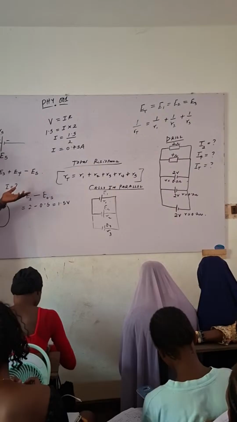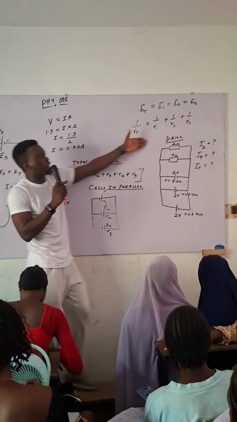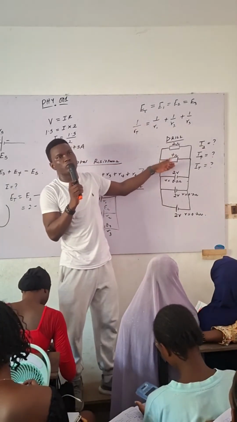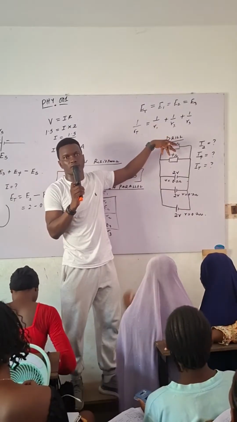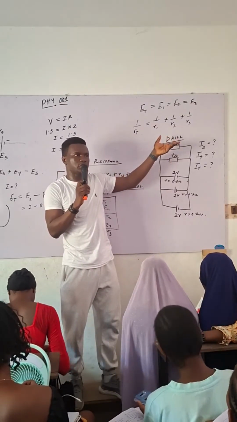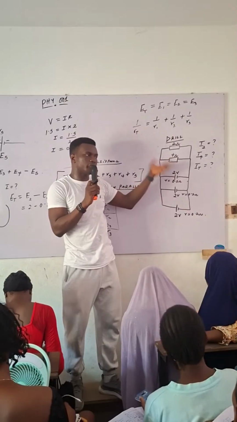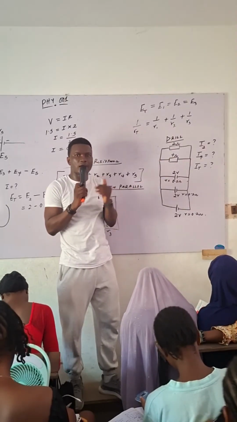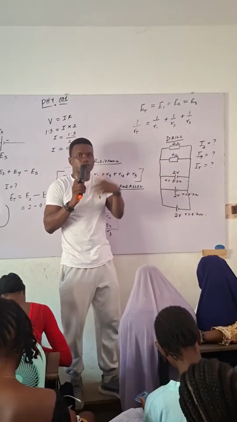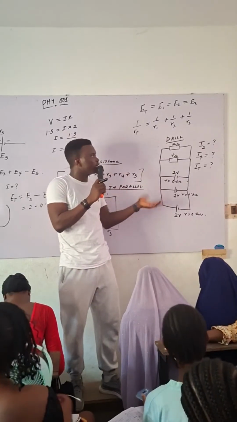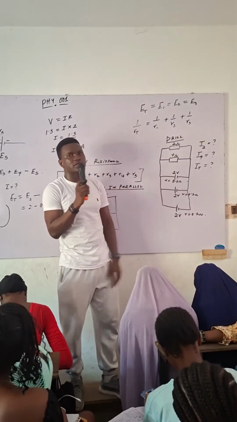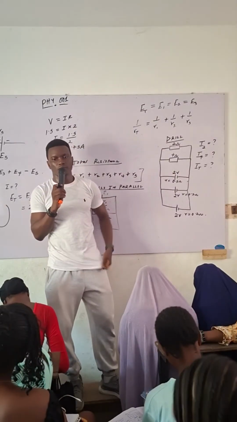Between 2 and 4 that are in parallel, is the same current flowing through them? No, because they are in parallel, different currents will flow through them. And when I was explaining, I was telling you they can ask you to calculate here and there, a whole lot of things.